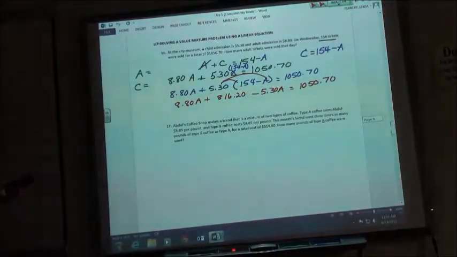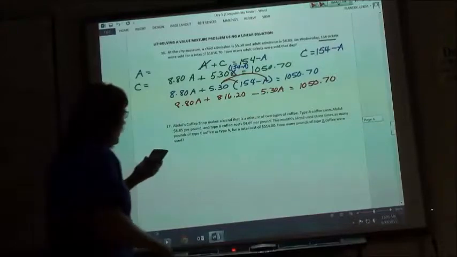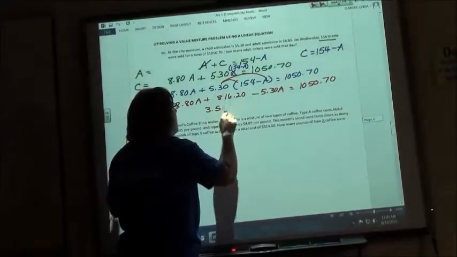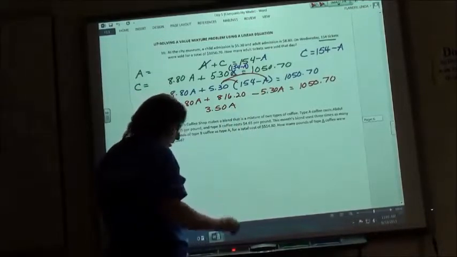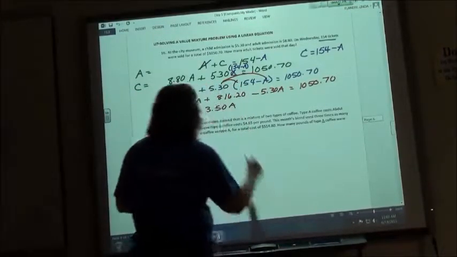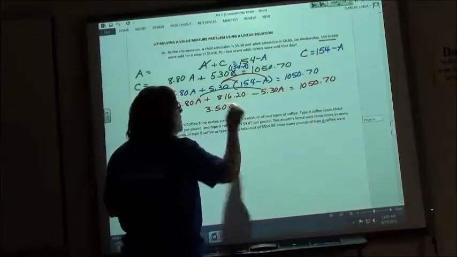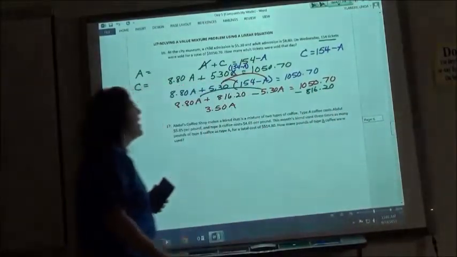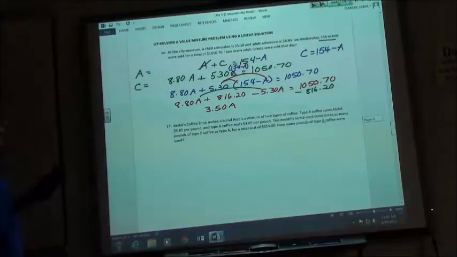Combining my like terms, 880 minus 530 would give me 350A. I'm going to go ahead and move my 816.20 to the other side, just because I'm running out of room to write.